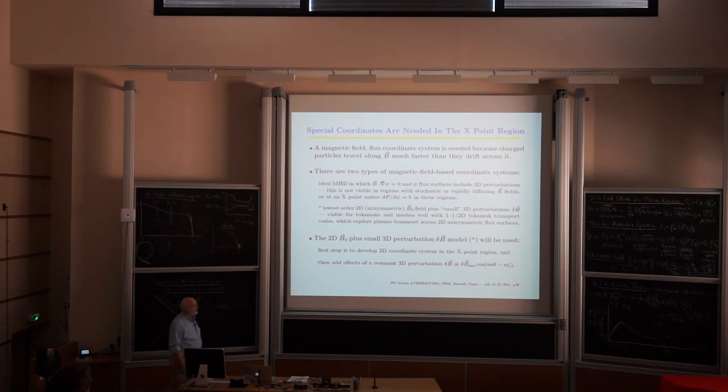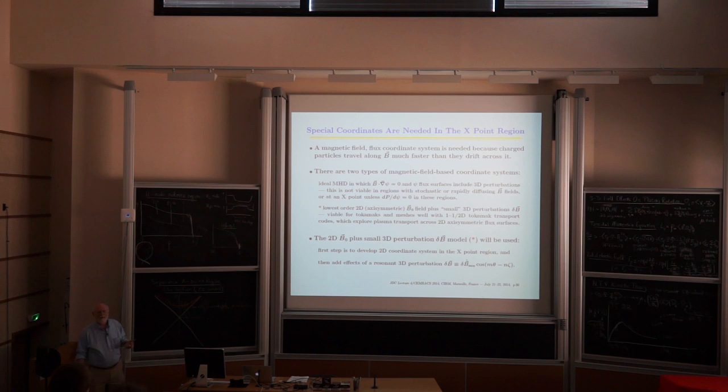Now, it turns out that if you make a transformation from Cartesian coordinates to the ones we all use inside the tokamak, which are the ones I told you about, psi, theta, zeta, or rho, theta, zeta, at the X point right there, the Jacobian of that transformation blows up.